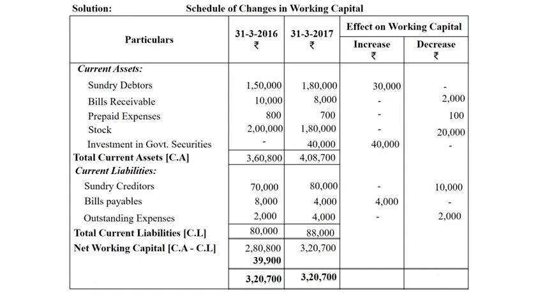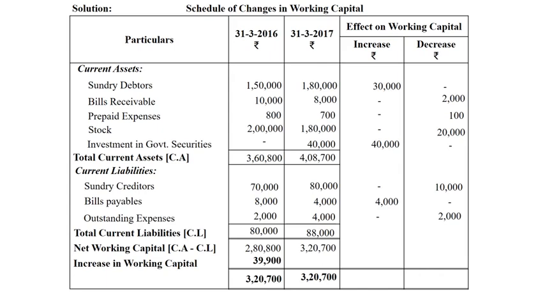So the balance will be on the previous year side, that is 39,900. First you take up the highest total as you are closing down your ledger account. We have already observed working capital has increased from 2,80,800 to 3,20,700. Therefore, 39,900 is the increase in working capital.